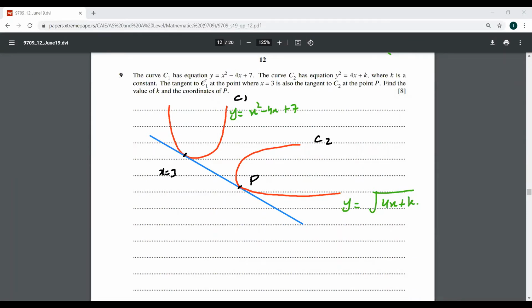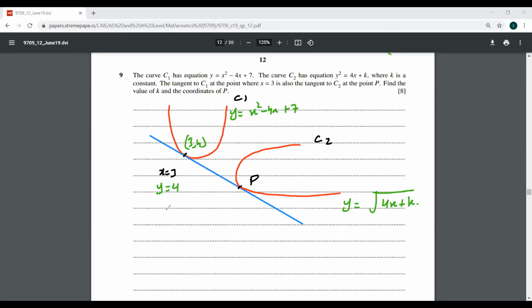It says the tangent to C1 at the point where x equal to 3 is also the tangent to C2 at the point P. So I have tentatively drawn these curves over here just to show the situation here. So we can find this point y over here. This is 9 minus 12 is minus 3 plus 7 is 4. So this point over here is 3 comma 4.